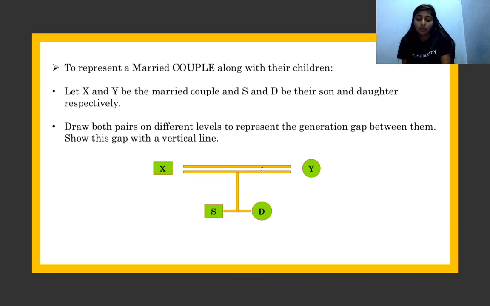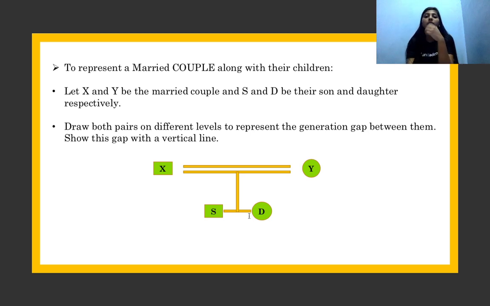Next, to represent a married couple along with their children, we can take X and Y, put two parallel lines between them to indicate that they are married, and then S and D are their son and daughter. So S and D are brother sister, therefore there is a single line between them. But what is this vertical single line? Why have we done that like that? So this is to indicate the generation gap.